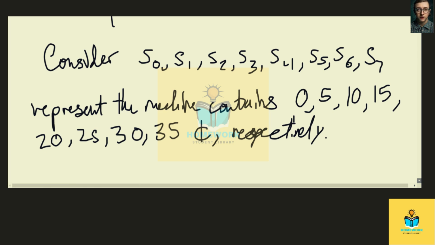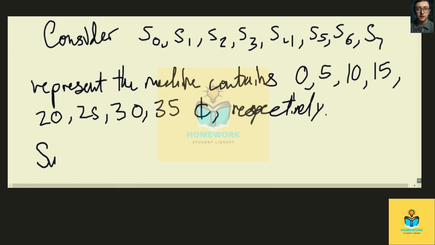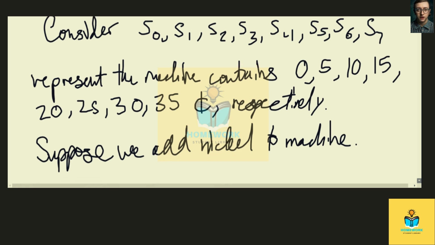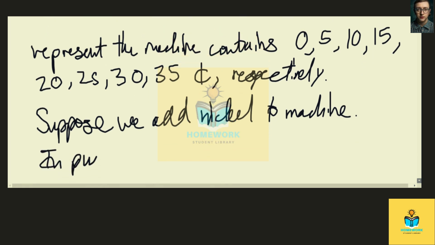Now, suppose that we add a nickel to the machine. What's going to happen is the input is 5 to the current state, Si, we'll call it.